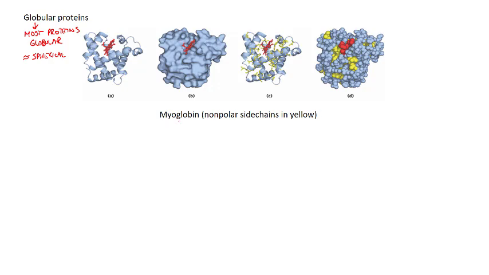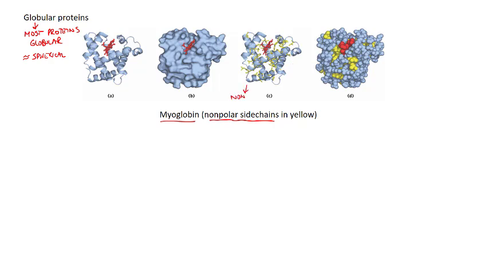So this is our friend myoglobin again. All right, so what do you notice about these globular proteins? They don't look like the fibrous proteins, but the principle is exactly the same. What we've done is shown the nonpolar side chains in yellow. If you look at the ribbon diagram of myoglobin with the nonpolar side chains shown in yellow, what do you notice?